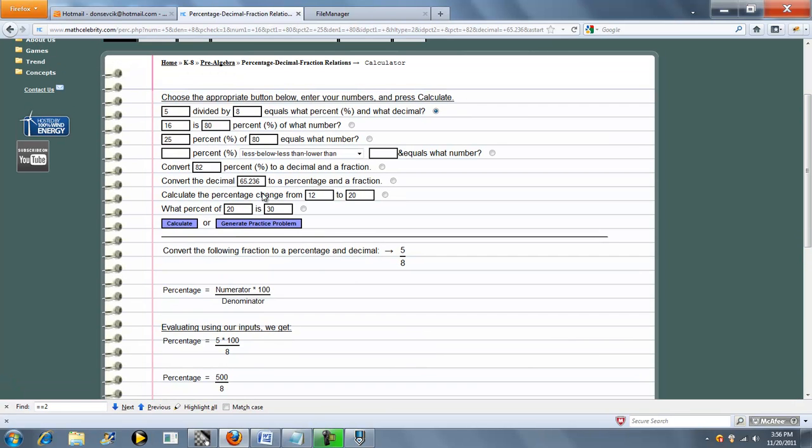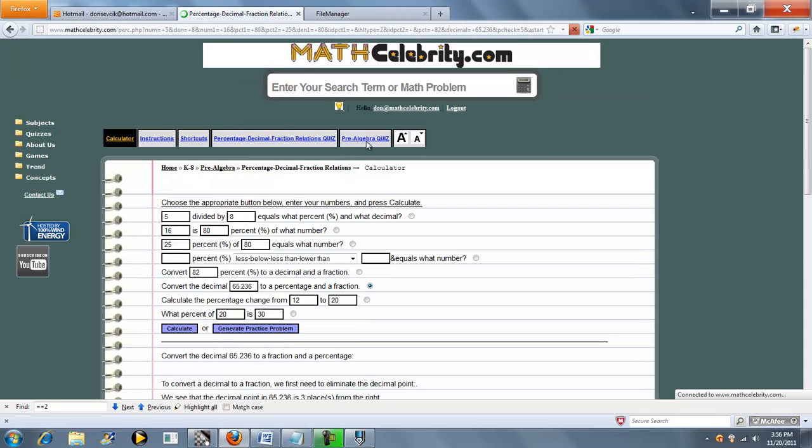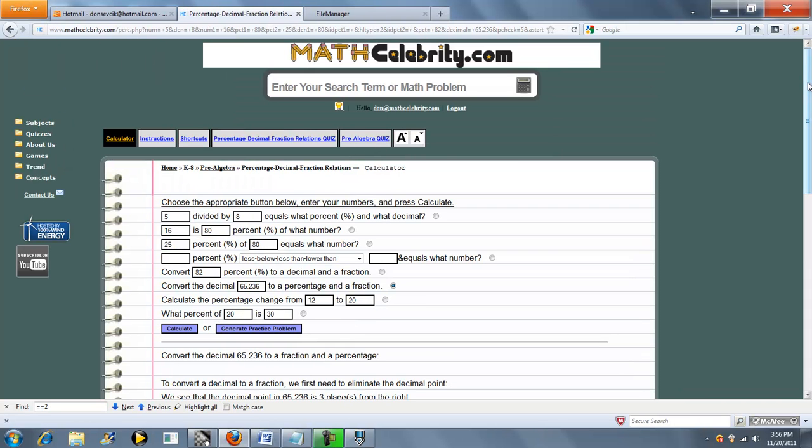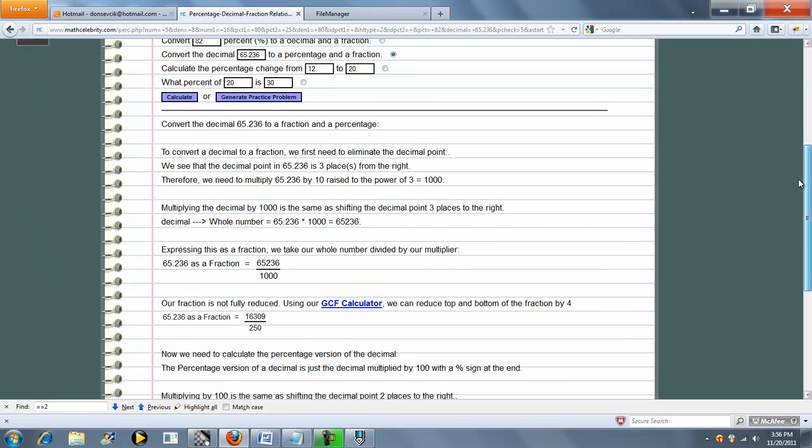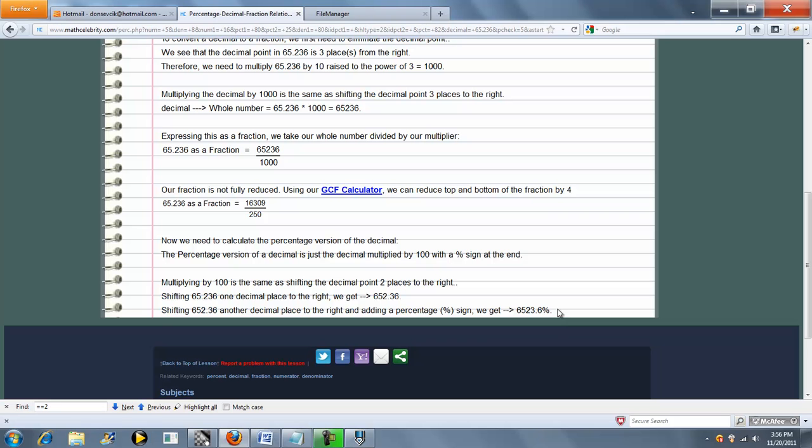Let's try another scenario. Now we're going to convert a decimal to a percentage and fraction. So it converts it to a whole number and then figures out the percentage.